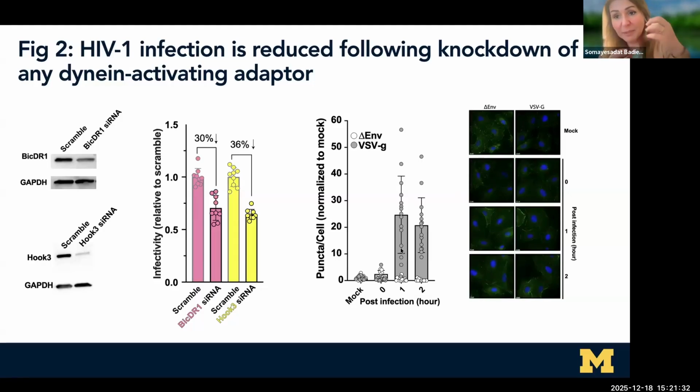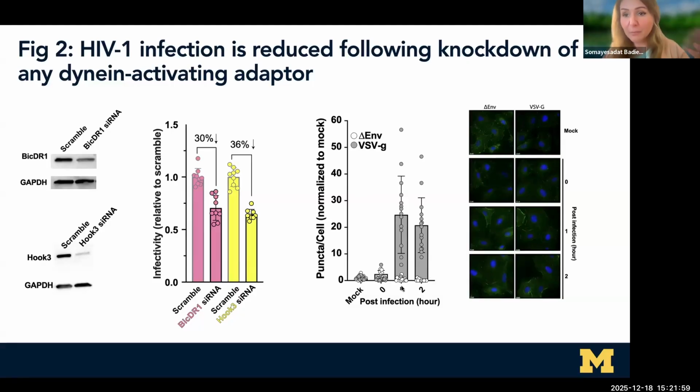But when you have the actual virus and you are measuring the proximity between BICDR1, which hasn't been shown in other studies, and the HIV-1 capsid, they noticed a huge increase in the formation of puncta just 1 hour after the infection. This means that they are coming together and staying together during the infection. It was very interesting data.